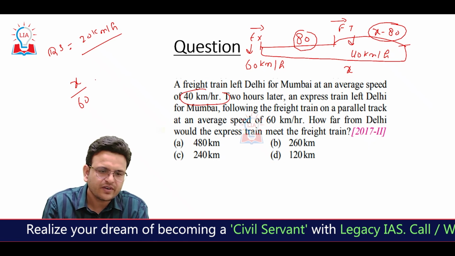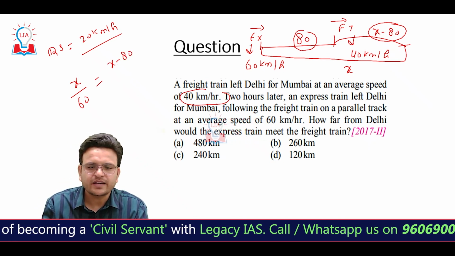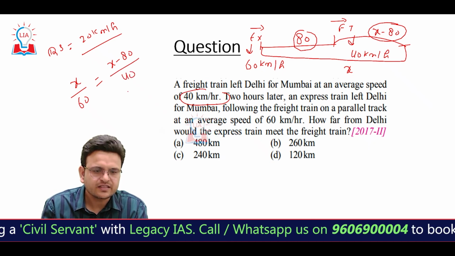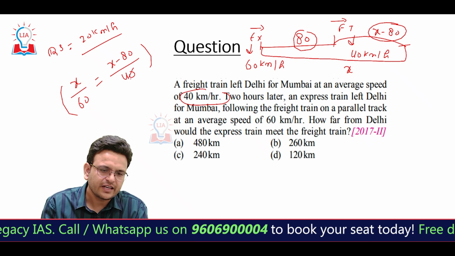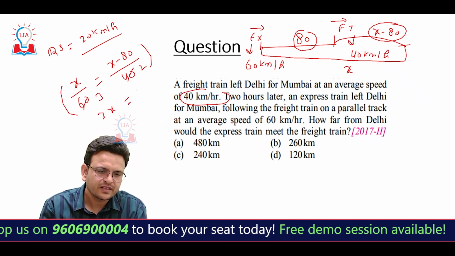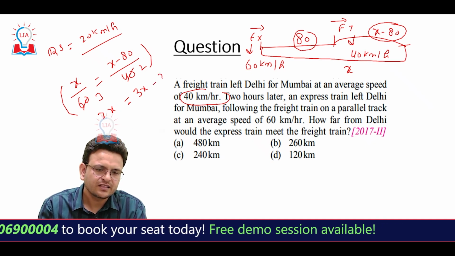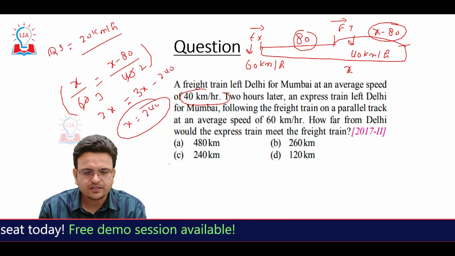So the time taken by the freight train to cover x minus 80 will be this. If you solve this particular equation, you are going to get the answer A. It will be 2, it will be 3, 2x and 3x, 240. So x equals 240. So the answer will be 240.